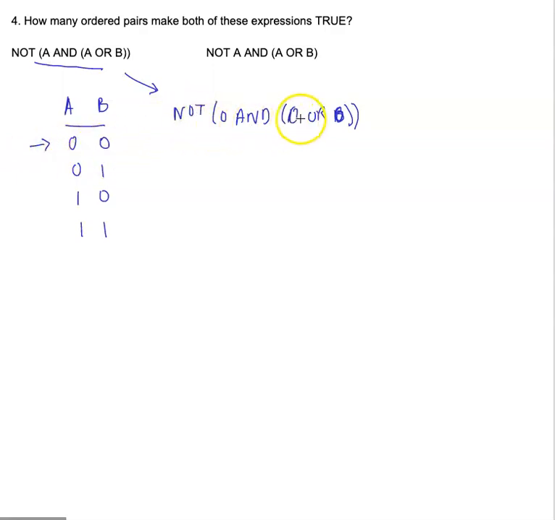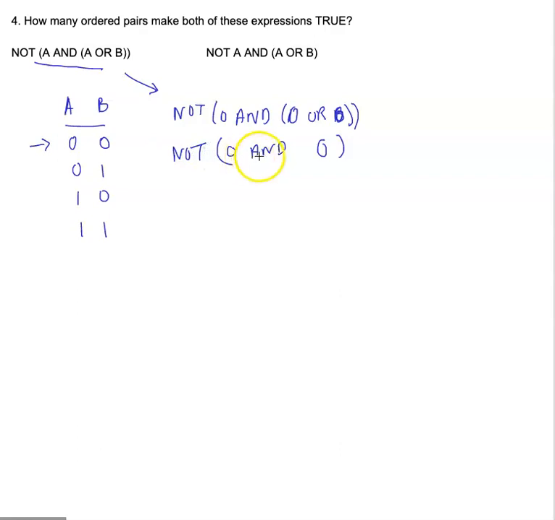Working from inside the parentheses out. 0 or 0. According to a truth table, if you have 0 or 0, that simplifies to 0, also known as false. Just as 0 plus 0 is 0, so is 0 or 0. Rewriting everything else, we're left with this expression.